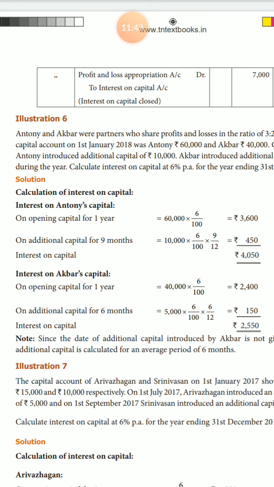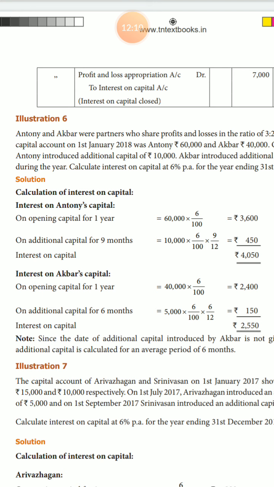Next, additional capital is 5000. Akbar introduced additional capital of 5000. Listen students, one important point, note it down.